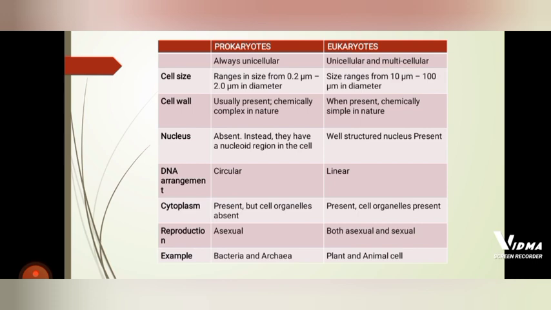Reproduction. In prokaryotes, reproduction takes place through asexual methods, and in eukaryotes, through both asexual and sexual methods. Examples for prokaryotes: bacteria and the archaea group. Examples for eukaryotes: plant and animal cells.